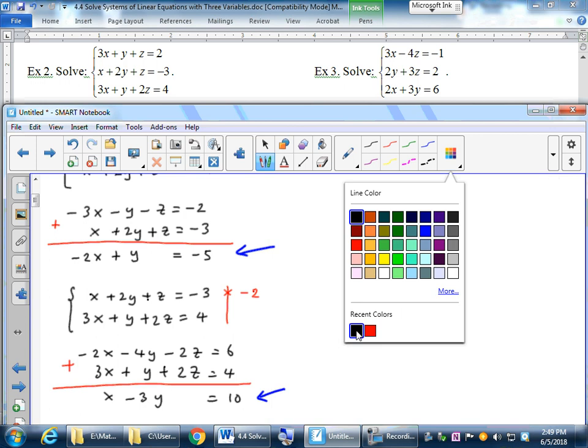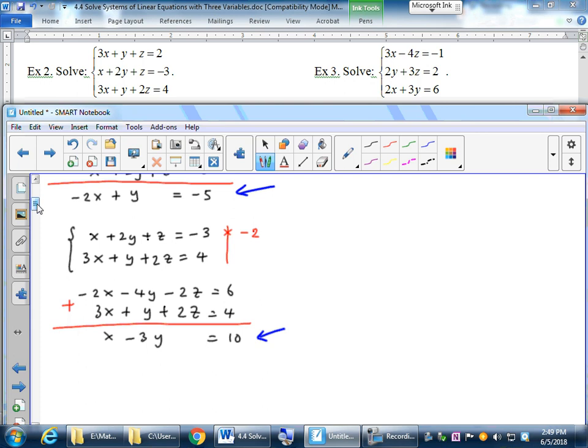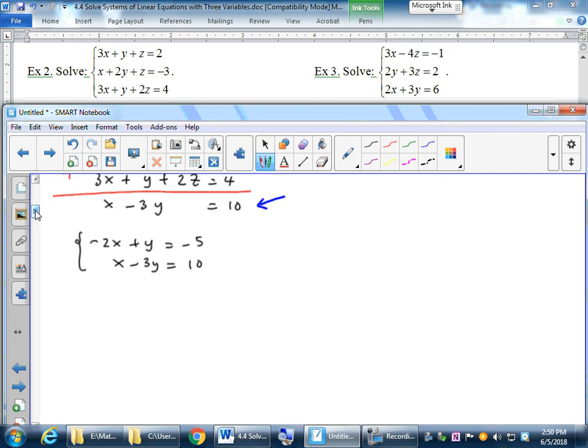So this will become negative 2x plus y is equal to negative 5, and x minus 3y equal to 10. That's my new system. And then from this new system, I'm going to decide to continue eliminating another variable.